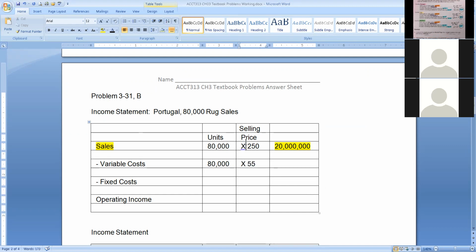We had to do a lowercase x because it's not a variable. So that'll be the variable cost, 4,400,000.